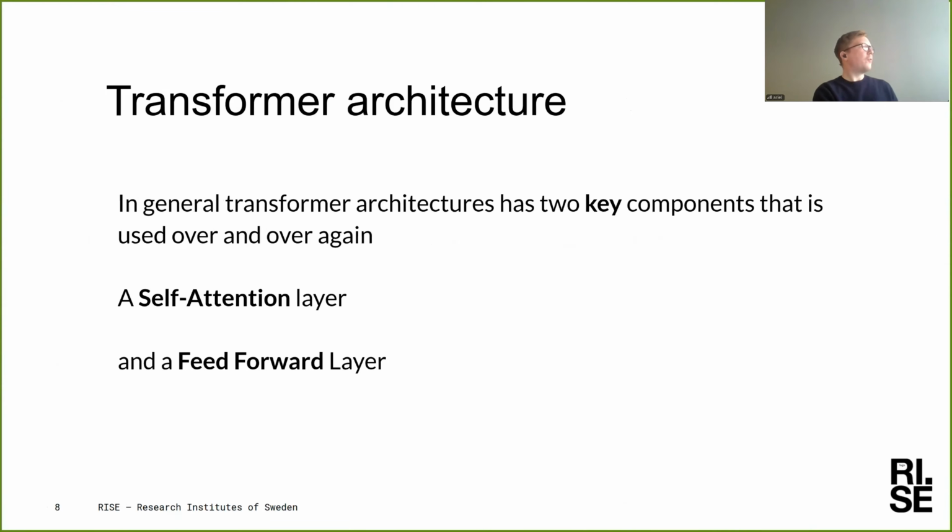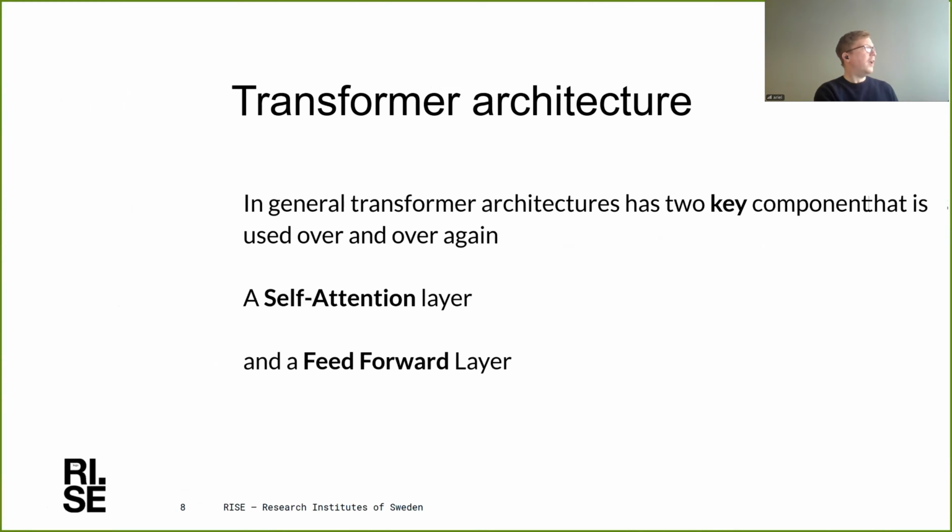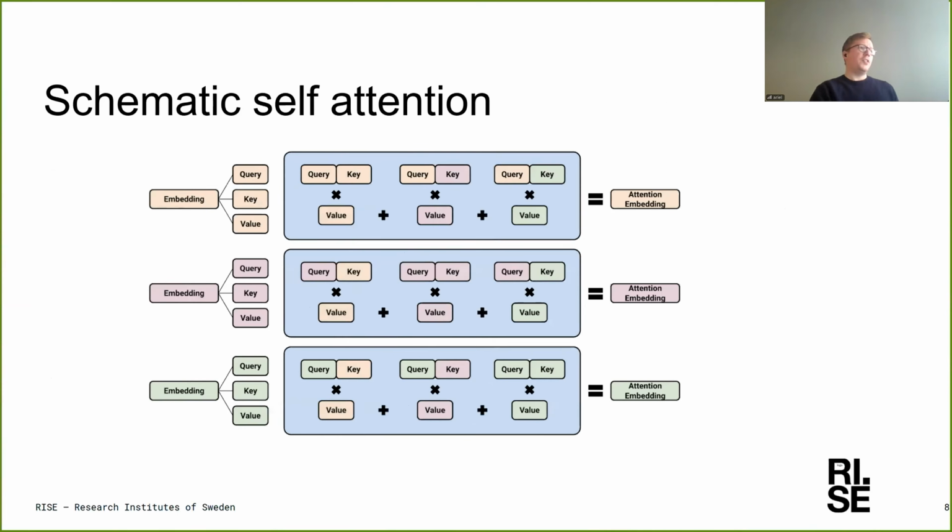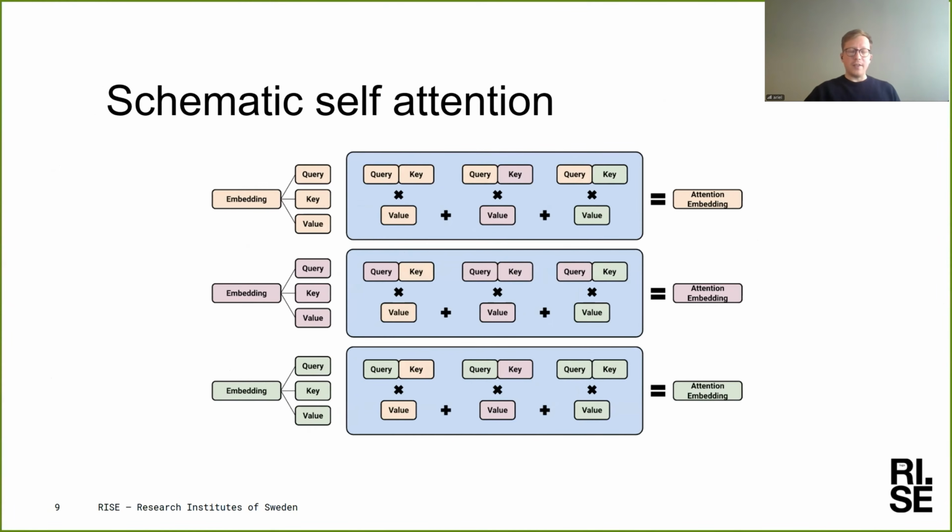The transformer architecture consists of self-attention. This is a very simplified and brief overview, but in my opinion, the transformer architecture consists of two main things: a self-attention layer and a feed-forward layer. Self-attention basically takes the tokens or the input pieces and combines them.